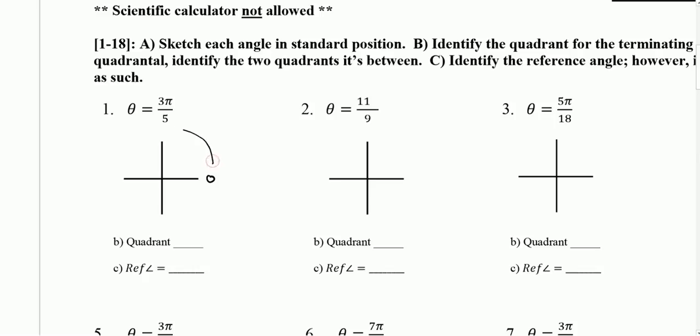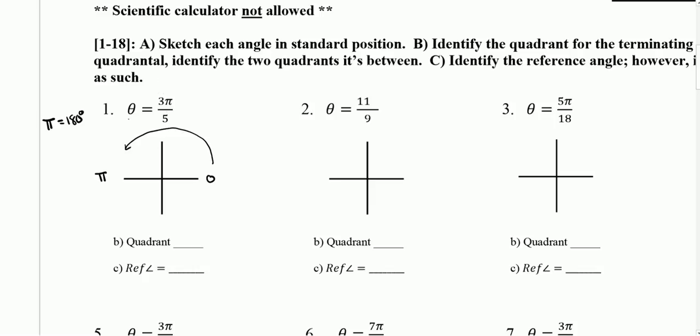We move around counterclockwise in the positive direction, and we need to remember that pi radians is equal to 180 degrees. So half circle, 180 degrees, we got pi radians right over here.